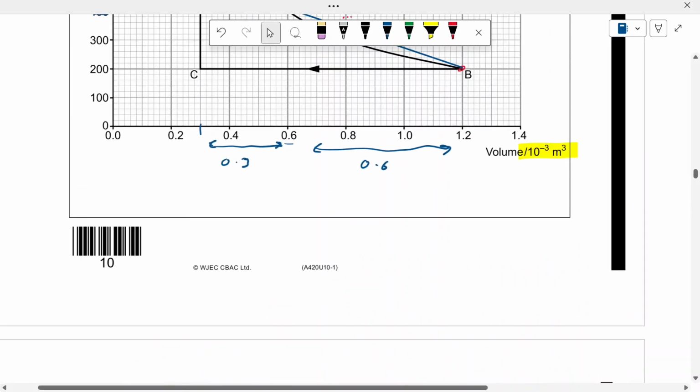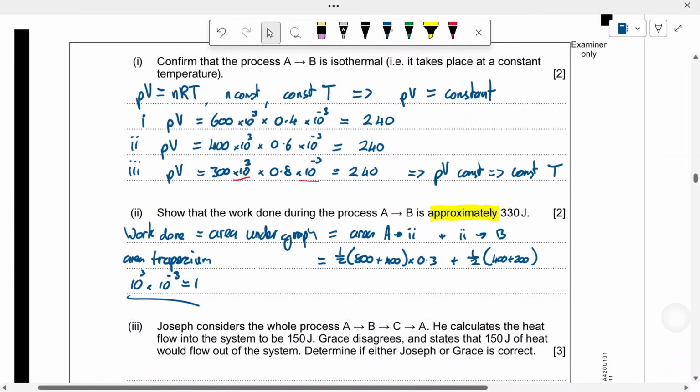And the length of the base is 0.6. Giving me a total of, let's have a look here, that's 400.